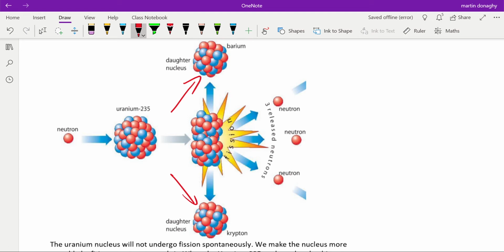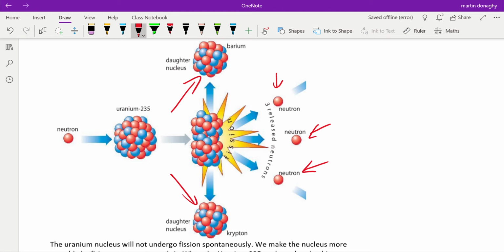Okay, so we have the parent nucleus in uranium-235, absorbs the neutron, that's what causes fission to happen, splits in two. We sometimes have little bits left over, so these neutrons come from that same process over here as well. So you can see that in this reaction, the uranium nucleus is split into two big bits, or daughter nuclei, and also three neutrons. It's not always three, sometimes it breaks apart and there might only be two neutrons produced.